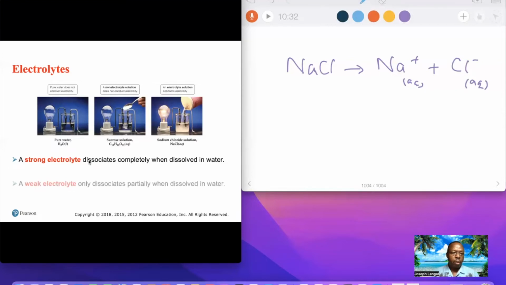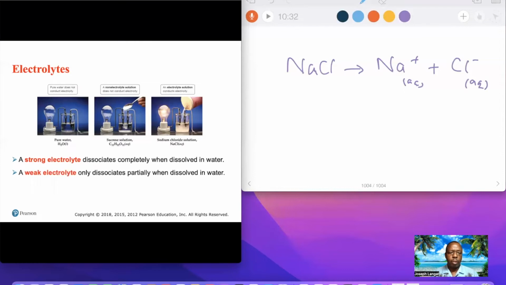We have weak electrolytes, and we'll see examples of strong electrolytes later; mostly they are ionic compounds. Weak electrolytes partially dissociate, so their electrical conductance is weak. If we use a weak electrolyte in this experimental setup, the bulb will be dim.